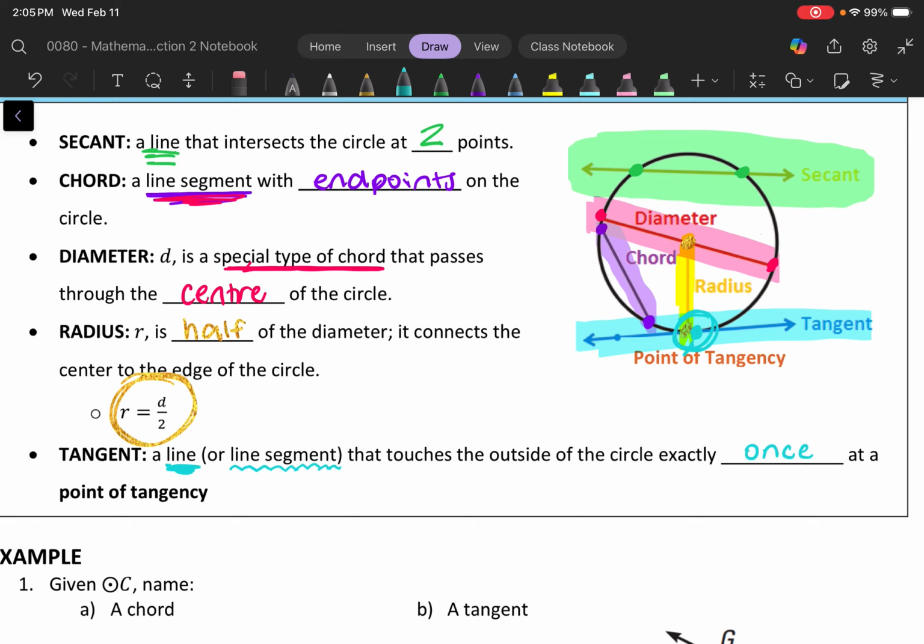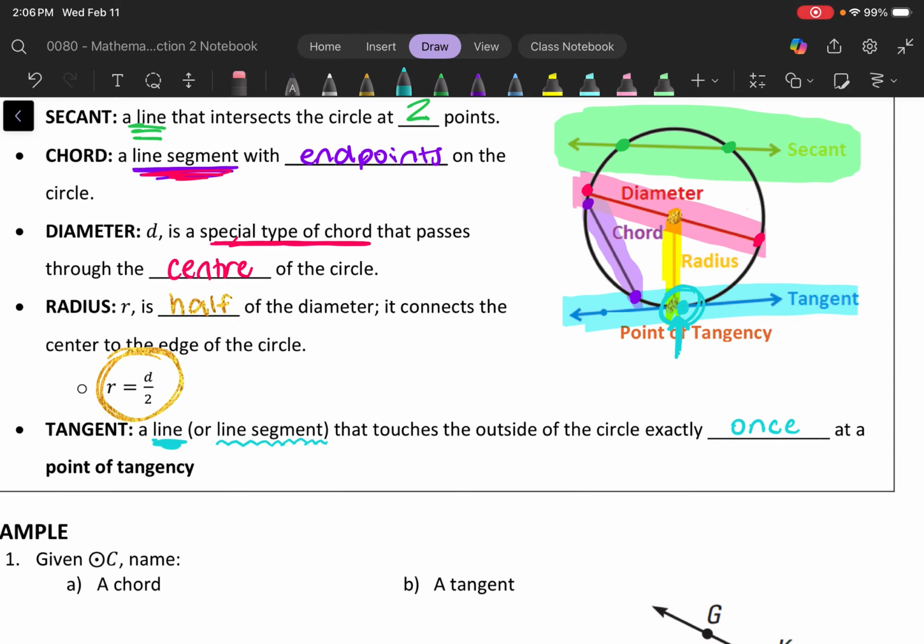Now, that point where the tangent touches the circle has a special name. And that special name is the point of tangency, which kind of makes sense. It's the point in which the tangent line connects to the circle. Point of tangency means that it's the point where the tangent connects. Okay. Now, you might have heard tangent before, right?